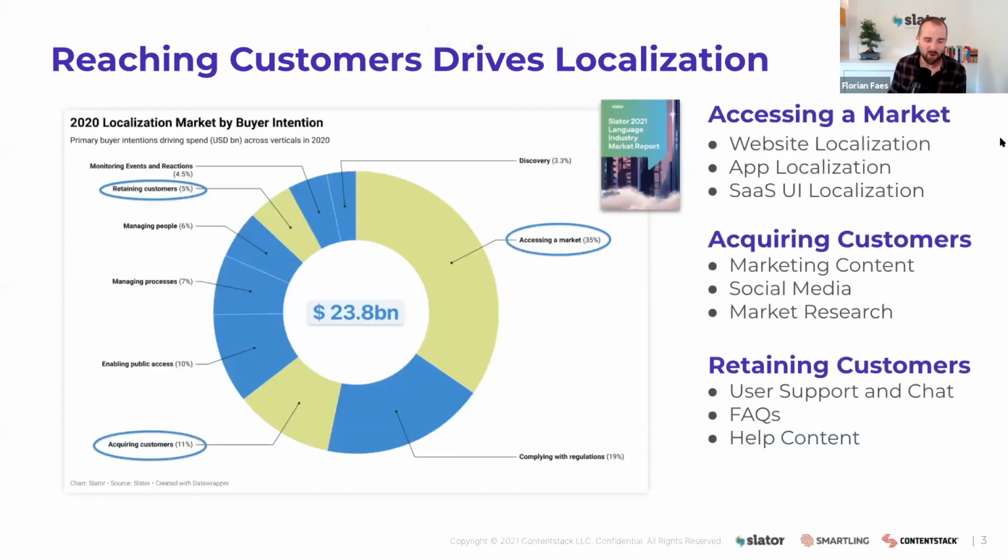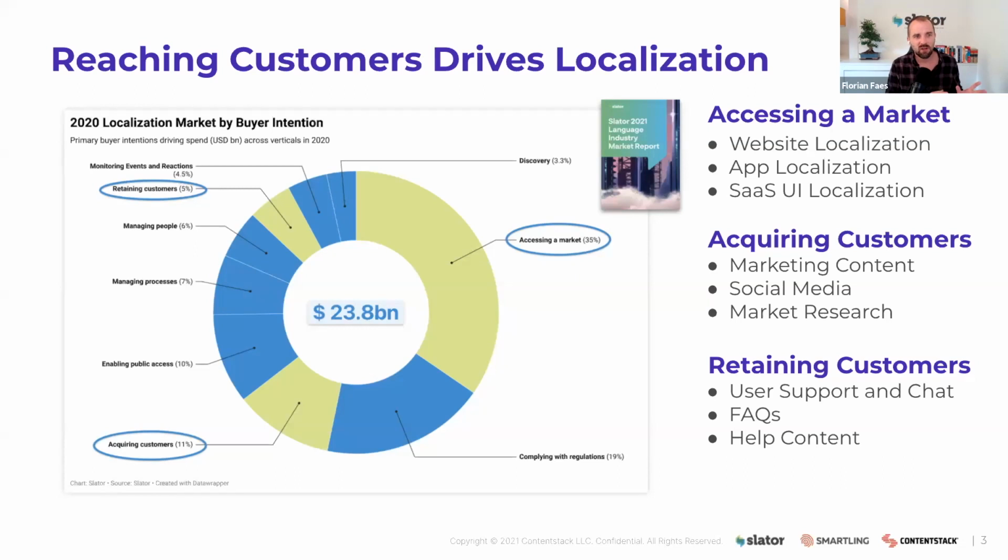So how big of a challenge is this? Well, what we calculated at Slator is a roughly $12 billion challenge. The total market for translation and localization services, we estimate, is around $24 billion. But as I'll explain in a second, we also looked at this market from a buyer intention point of view in our most recent report, published in May 2021, so it's quite fresh.